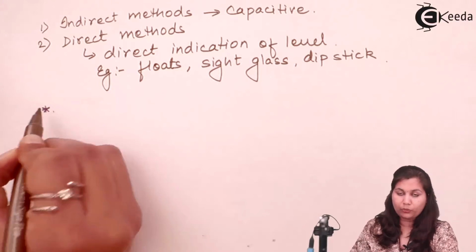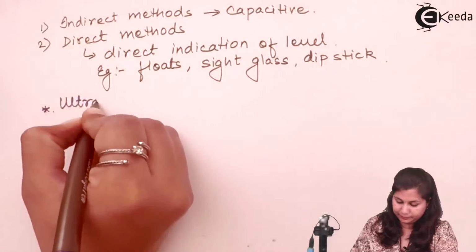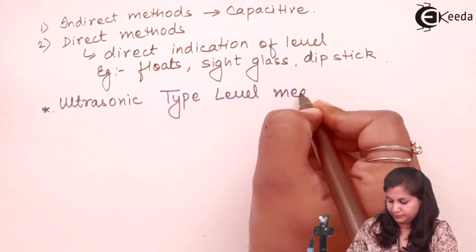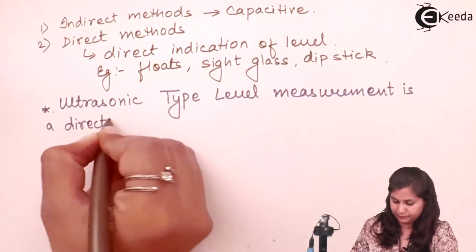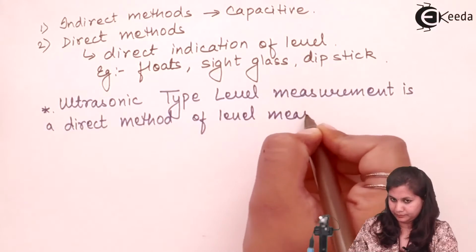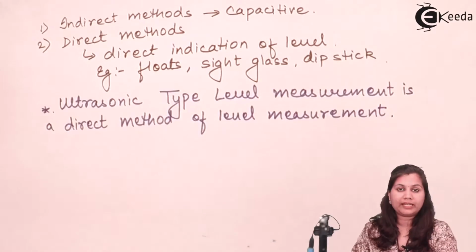In this video, we will study the ultrasonic type of level measurement, which is a type of direct method of level measurement. So in this method, we will get the direct value of the liquid level.